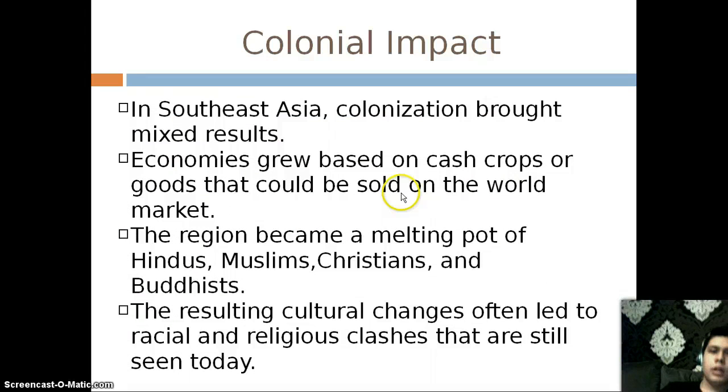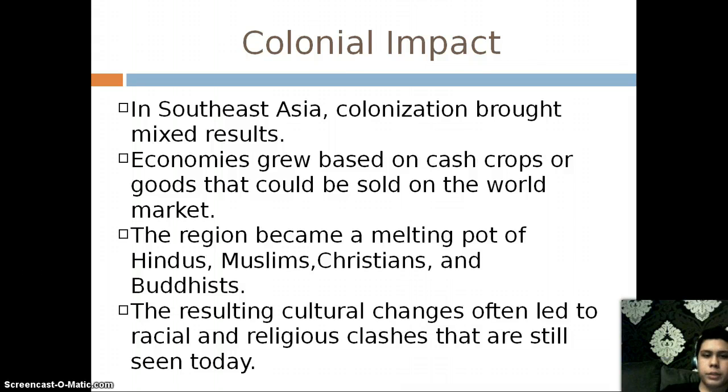Colonial impact. In Southeast Asia, colonization brought mixed results. Economies grew based on cash crops, or goods that could be sold on the world market. So most of their economies were based on cash crops, the goods they could sell in the world market.